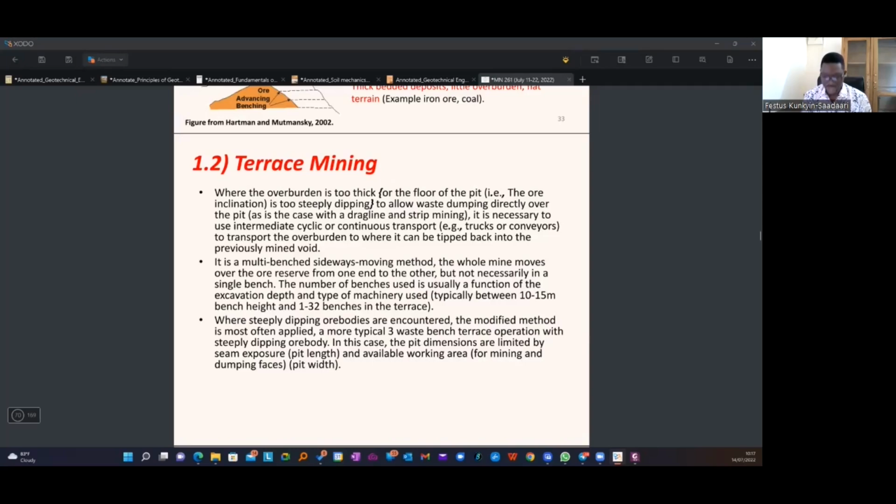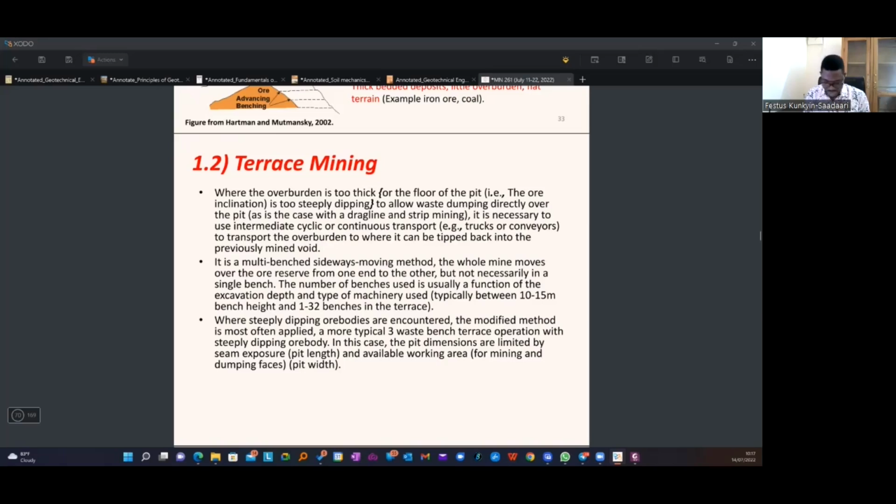But this time around, it's like you having a flat-lying deposit or slightly inclined, but the overburden is very thick, so you can't take it all at a go and get access to your mineral of interest. And so you step it and make it in the form of a bench, which we saw images of after we introduced the types of mechanical mining and then aqueous mining methods.